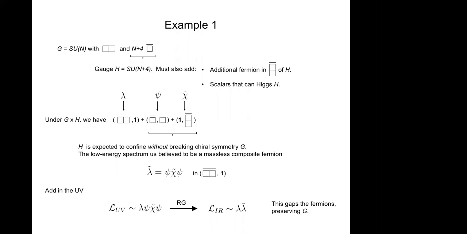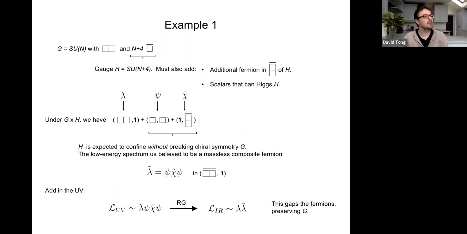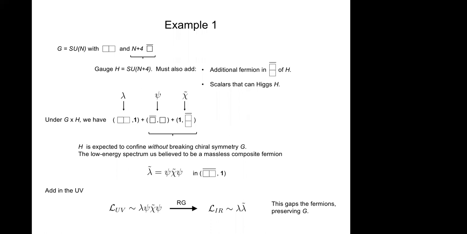So let me correct myself. The fundamental difference between what you are doing and what, for example, Top Color Assisted Technicolor does is that when the H confines in those cases, they find a composite scalar that has all the quantum numbers of the Higgs scalar, in the IR, meaning the 1 TeV scale before electroweak symmetry breaking. But you cannot take your scheme and use it in the Standard Model, because in the IR at the TeV scale there is only one lambda.